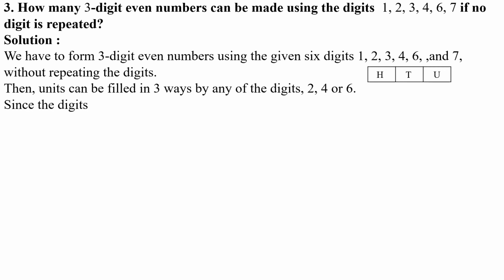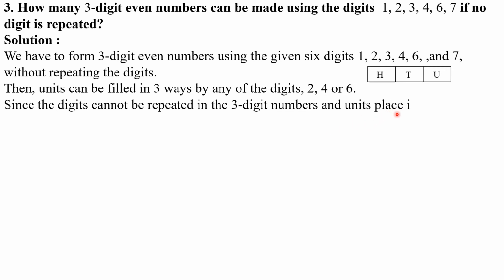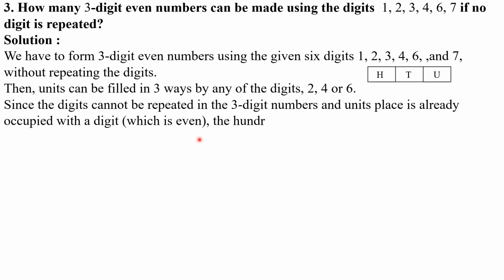5P2 ways, since the digits cannot be repeated. Here no digit is repeated in the 3-digit numbers, and the units place is already occupied with a digit. Already we filled the units digit, which is even.